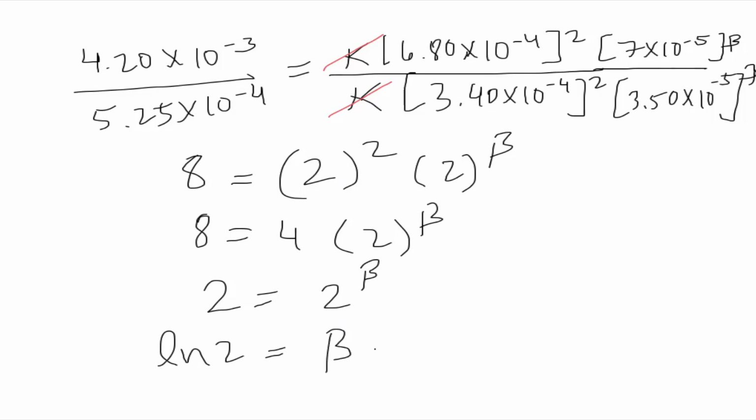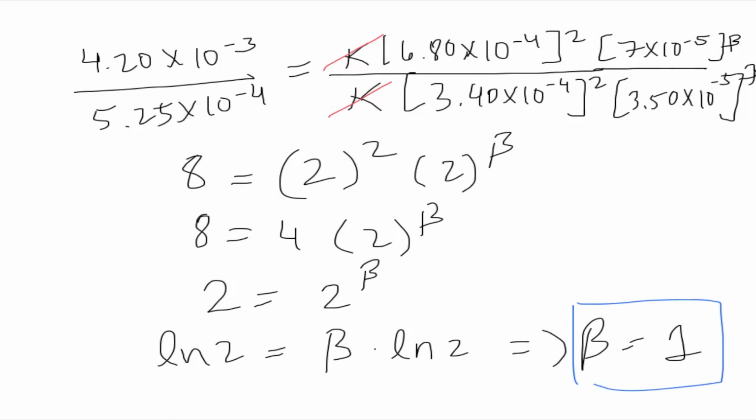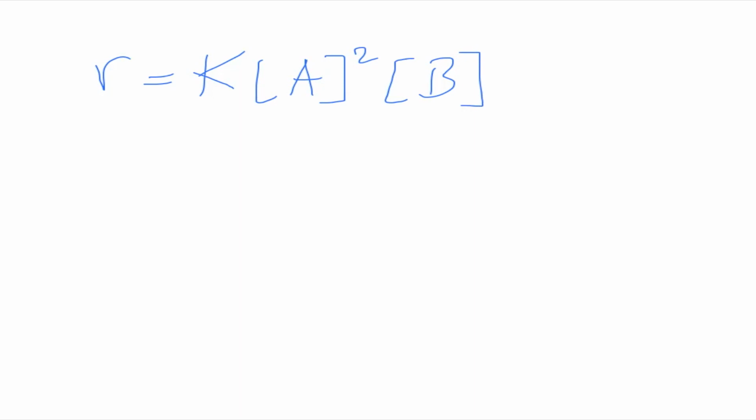The beta goes down, and that leads us to beta is equal to 1, because it's ln of 2 over ln of 2. So now we can actually write the rate law for this reaction. That would be R is equal to K times the concentration of A squared times the concentration of B to the 1. So you can just leave it like that. And this is third order overall.